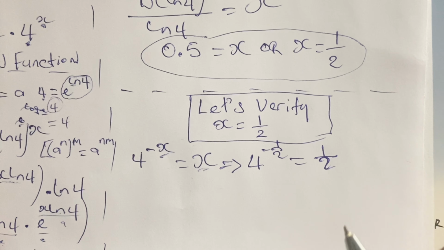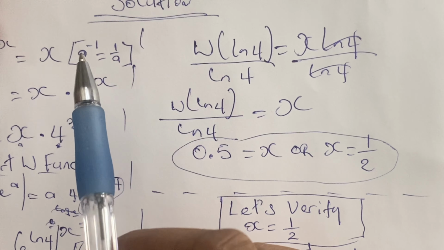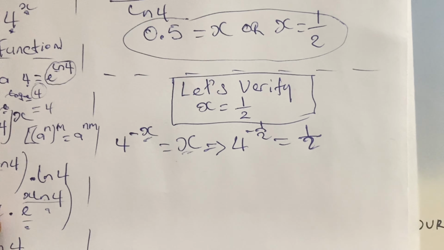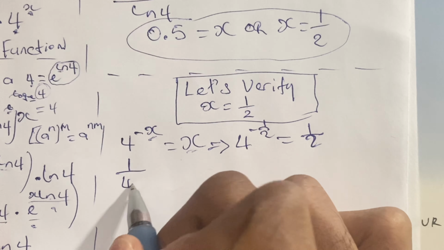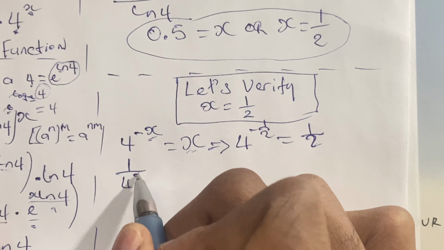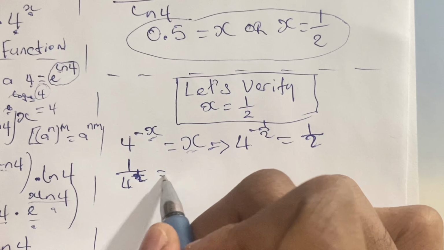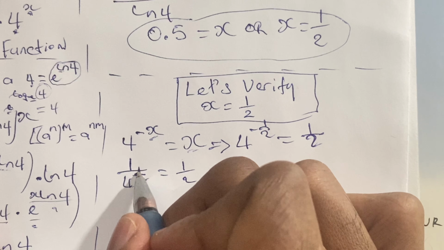And now from here, as we have 4 to the power of negative the value of x, which is a half, we rewrite this using our law of indices that we looked at earlier. And so applying that rule again here, we have 1 over 4 to the power of a half. So this should be 1 over 2. And of course, this is equal to a half, 1 over 2.